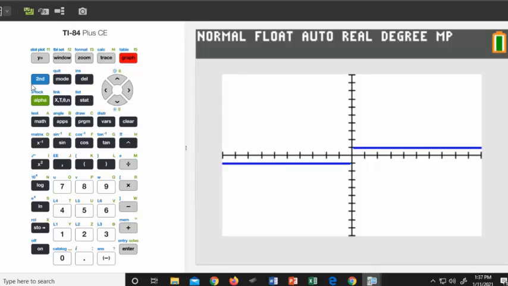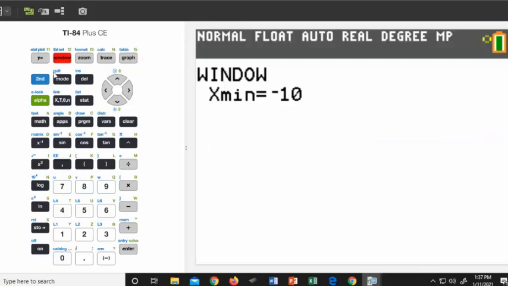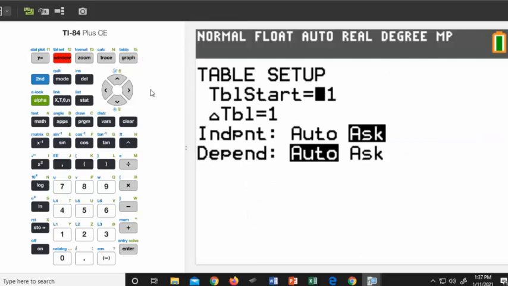And then you can go to the table if you're interested. What if I go back to my table setup and change it, maybe to start at -1, but increase in the table, this is the delta table, this is what your x increases by every time, maybe I just say 0.1, and then change this to auto.